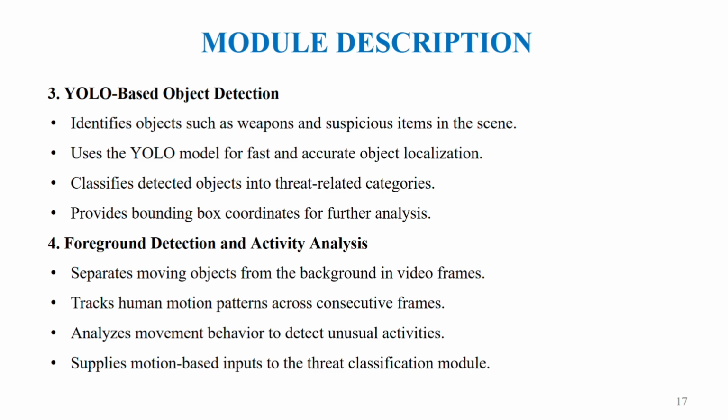It uses YOLO, You Only Look Once, for fast and accurate object localization. It classifies the detected objects into threat-related categories and provides bounding box coordinates for alerts and further analysis. The fourth one, foreground detection and activity analysis, separates the moving objects.